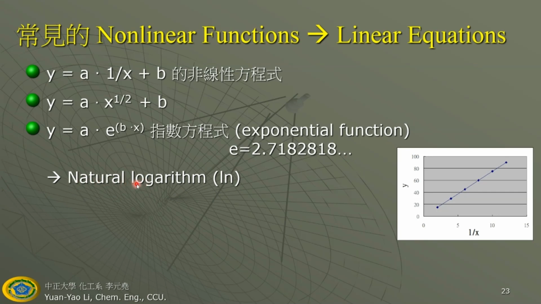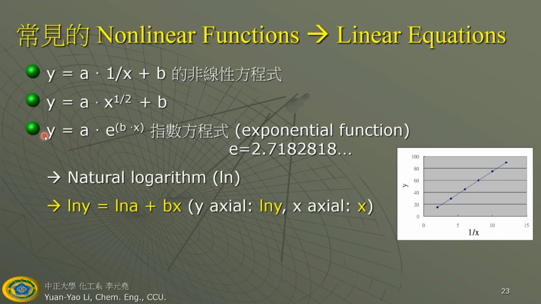If we take ln on both sides, you get natural log y equal to natural log a plus, because this is an exponent, e will be 1, natural log b times x. So you get something like this. And then for the y-axis, you will use natural log y. For the x-axis, you will use x here.